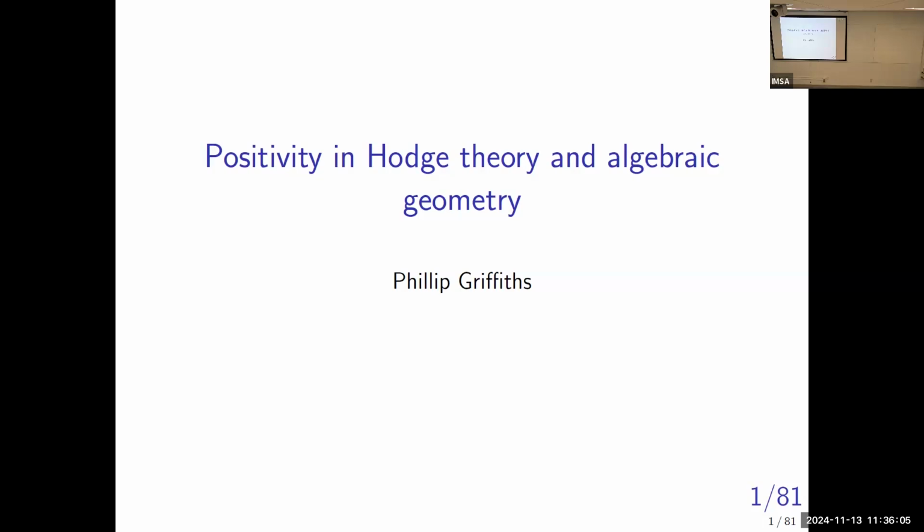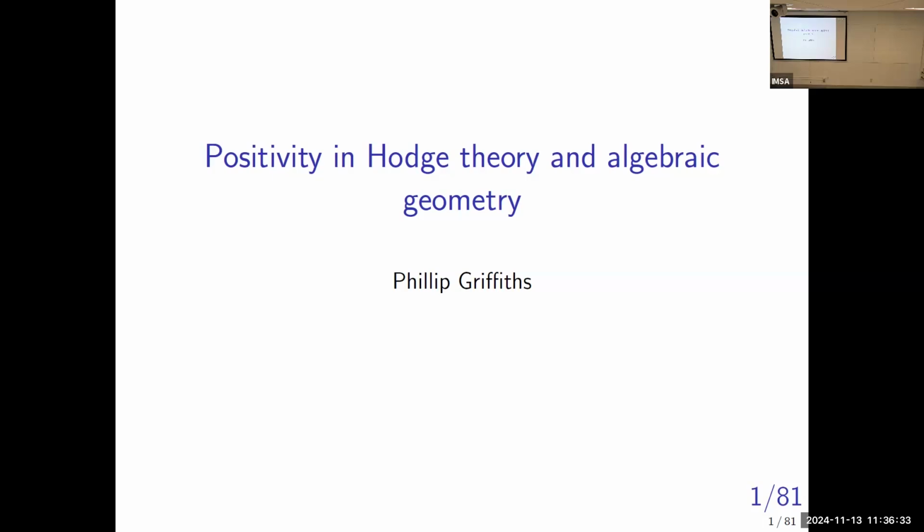Algebraic proofs are given usually, and the role of curvature, which is not algebraic, recedes into sort of the historical background. One of the beginnings of the relation between curvature and Hodge theory is, of course, the Kodaira vanishing theorem.